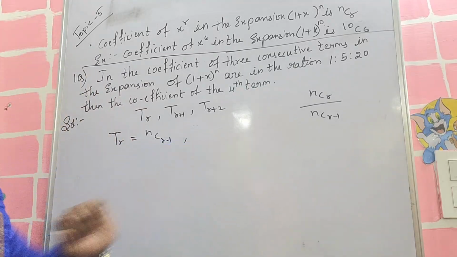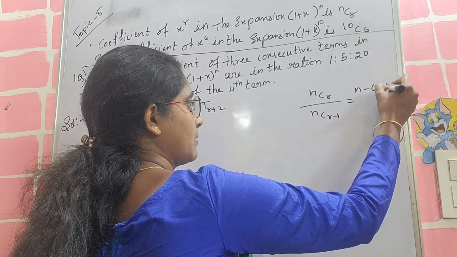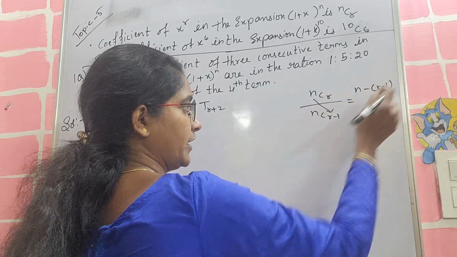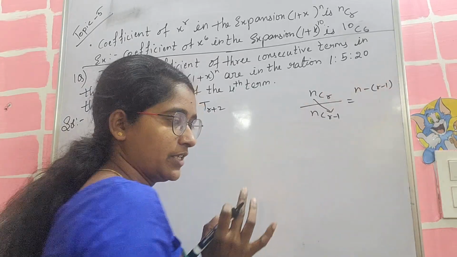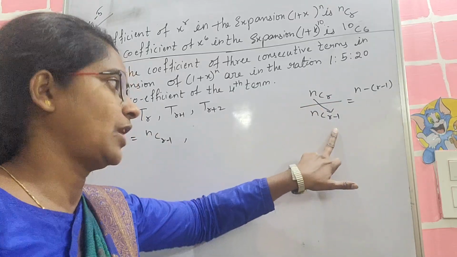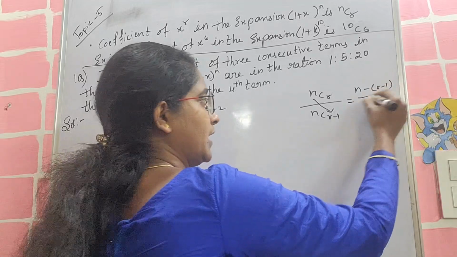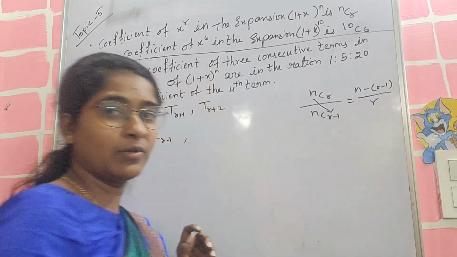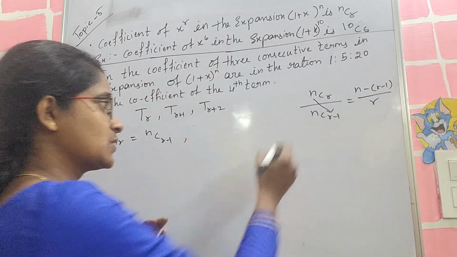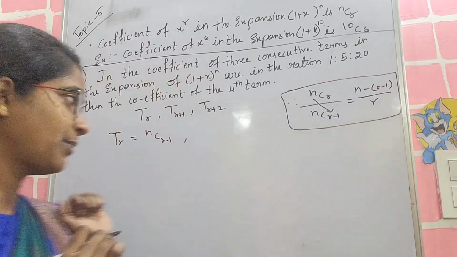Directly you can find the value: it is (n-(r-1)) by r. You write r-1 as it is, so the bottom is r, and the top is n minus that. It's so easy, right? It's a crisscross formula. We'll use this one in the problem.